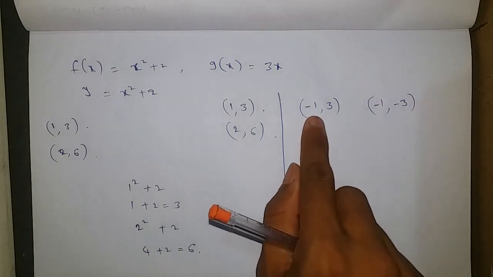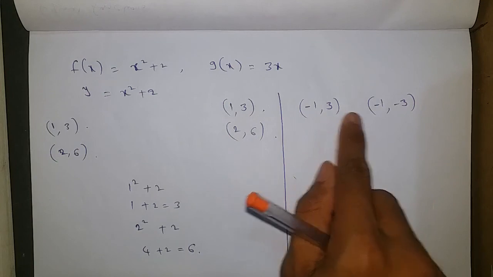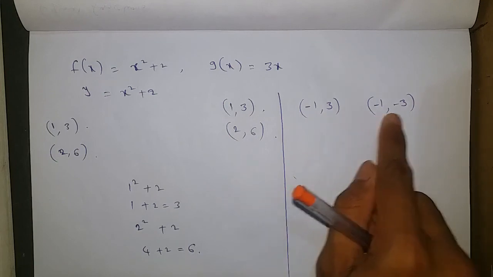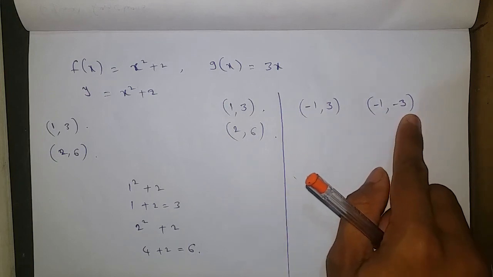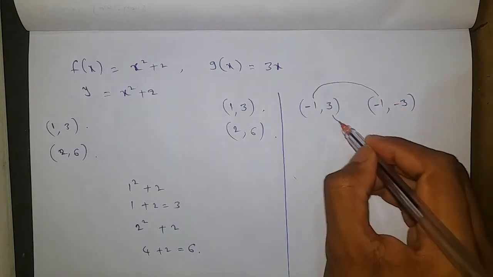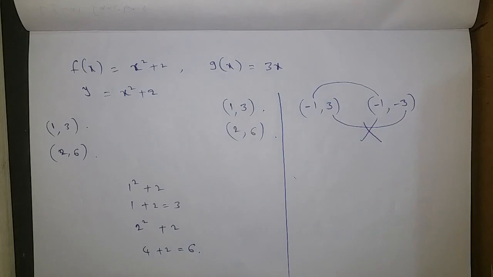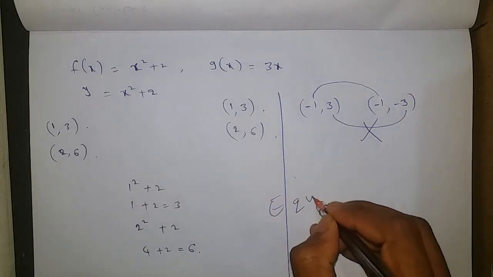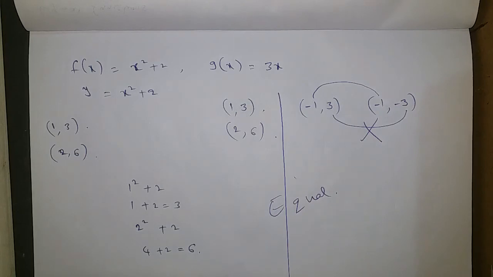Here I substituted minus 1 and got plus 3. Here I substituted minus 1, but I got minus 3. The domain is equal, but the codomain is not equal. So we can conclude that this is not an equal function.